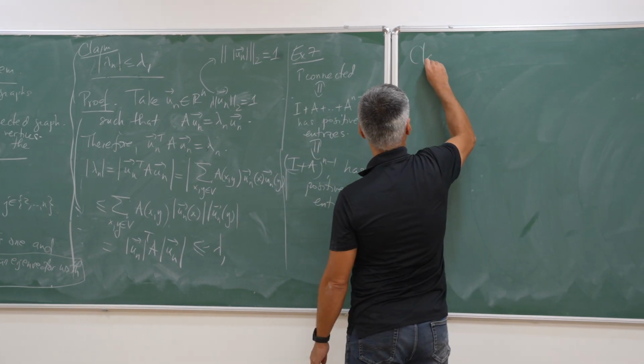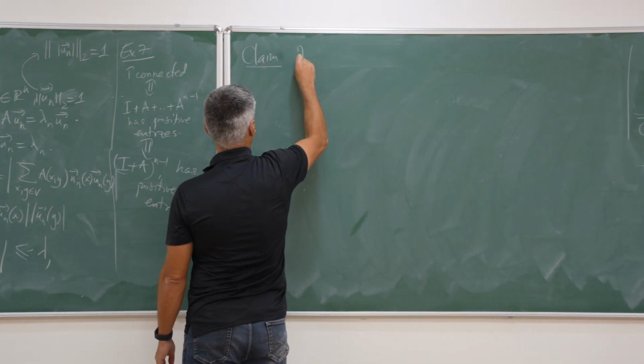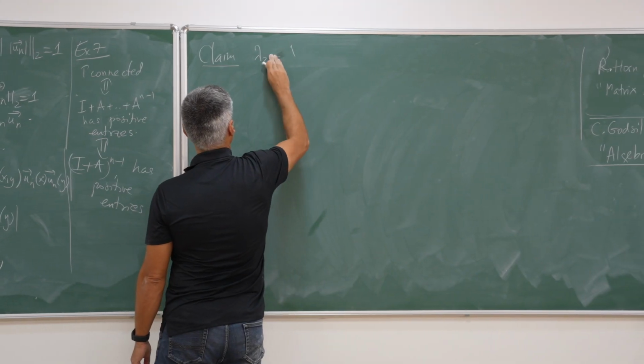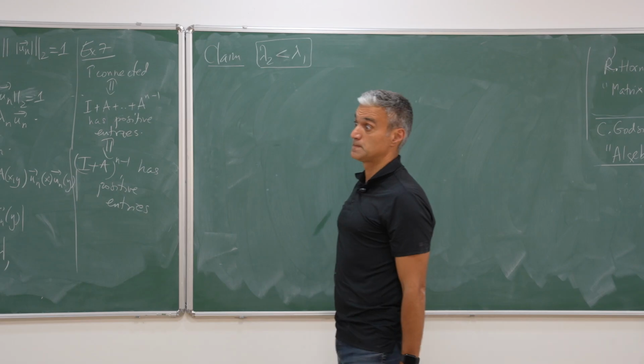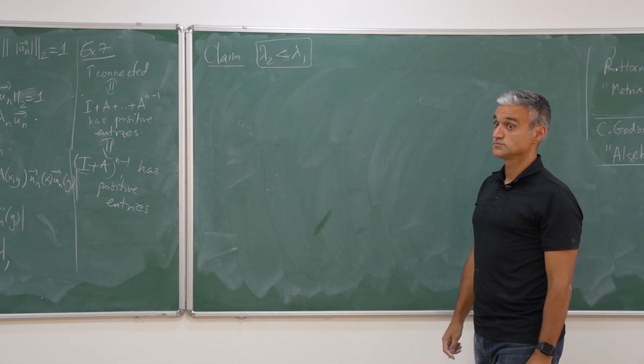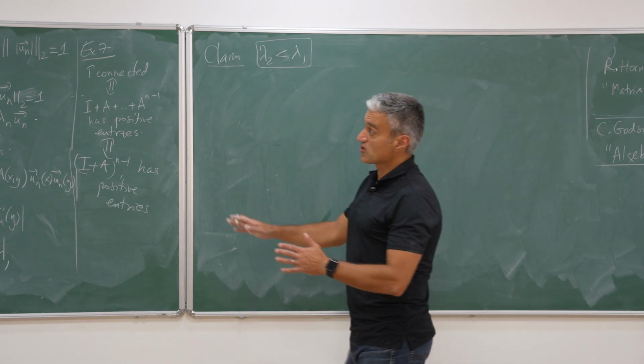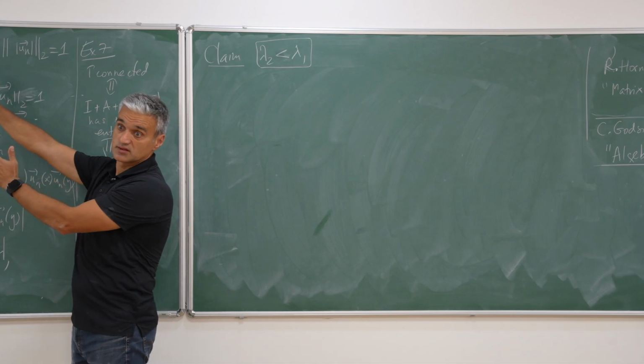So claim: not strictly lambda 1. Okay, so we'll follow the same script from here.